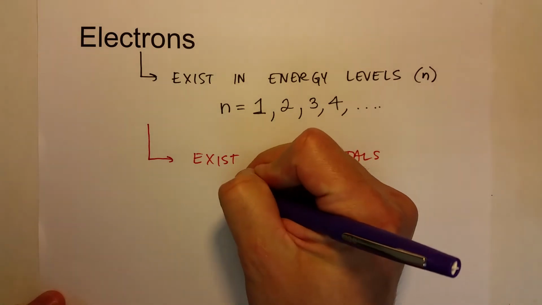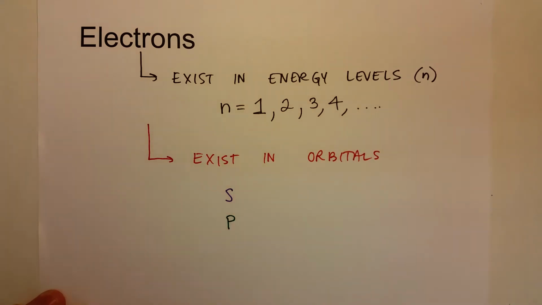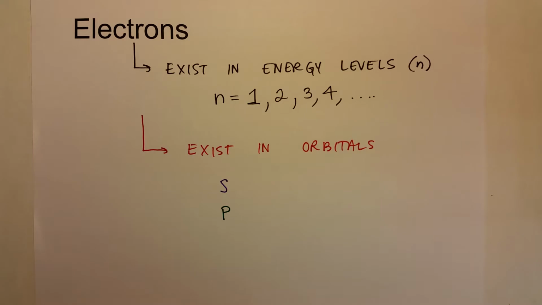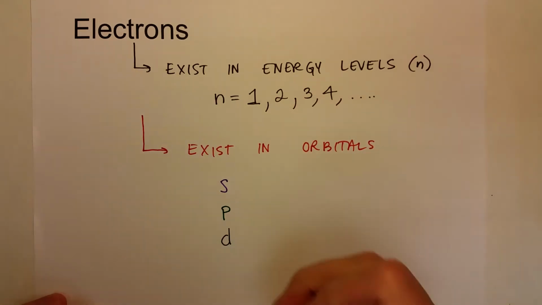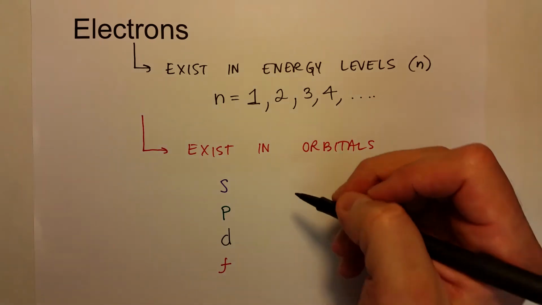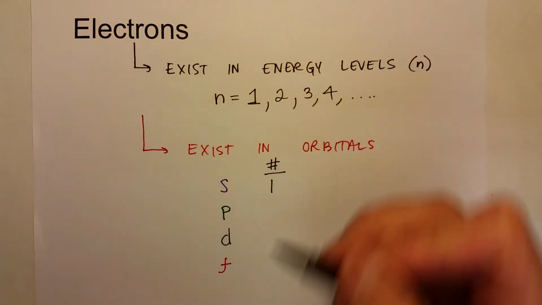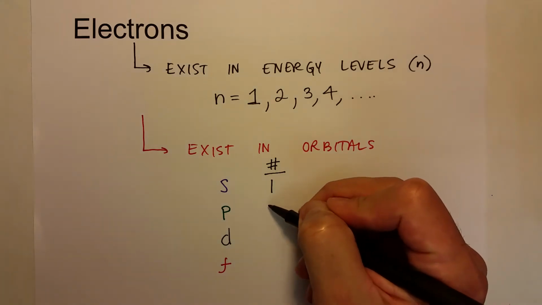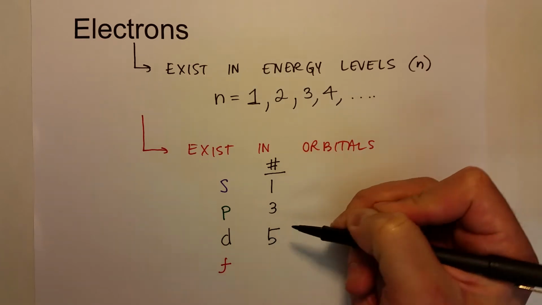They are s, p, d, and f. The amount of orbitals within the particular sublevels changes. It turns out that the s sublevel only has one orbital, the p sublevel has 3, d has 5, and f has 7.